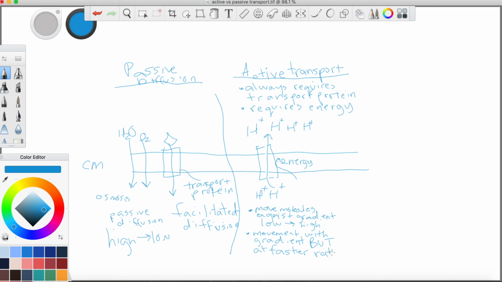So those are two circumstances that a cell might use active transport, but in all cases, these two are always true. There's always the requirement of a transport protein like this, and always an input of energy, either in the form of ATP or through reduction oxidation reactions.